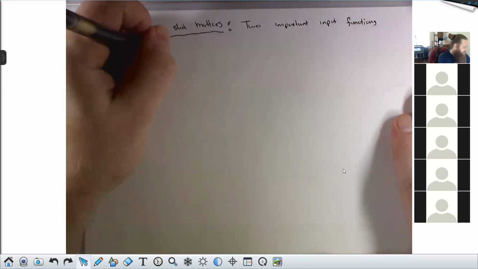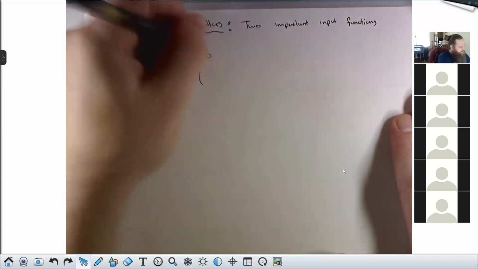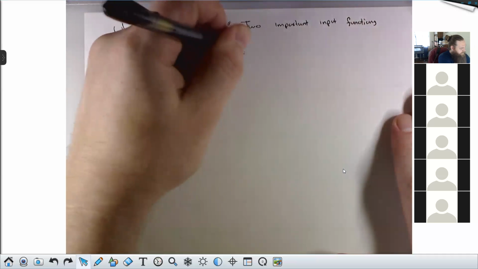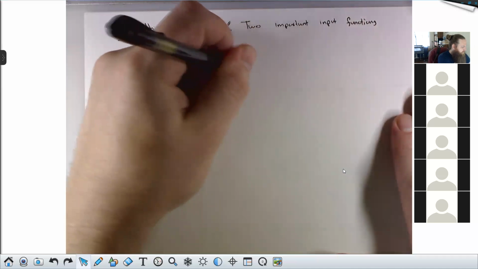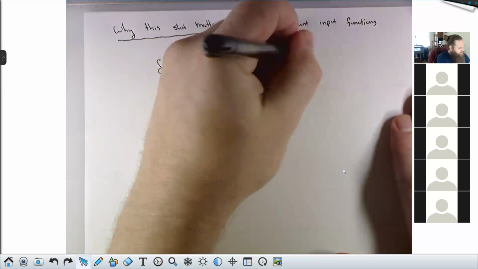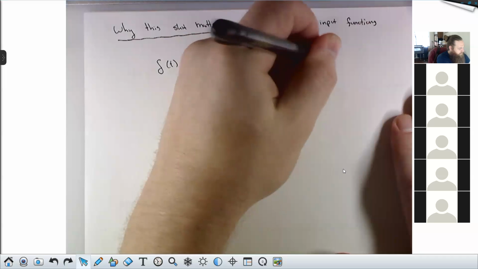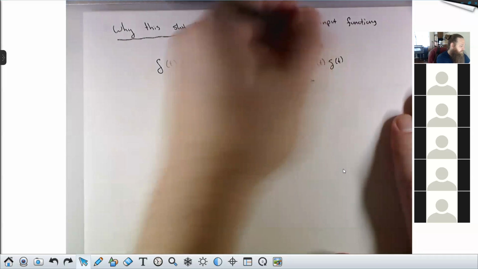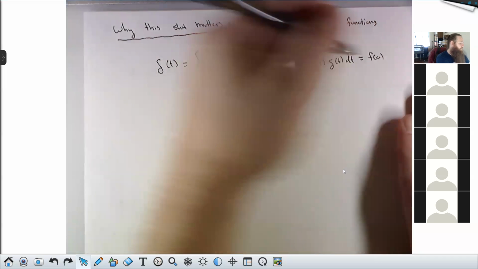You can say that delta of t is equal to 0 if t is not equal to 0, and it's equal to plus infinity if t is equal to 0, and has this property that the integral from negative infinity to infinity of f of t times delta of t dt always plucks out f of 0.